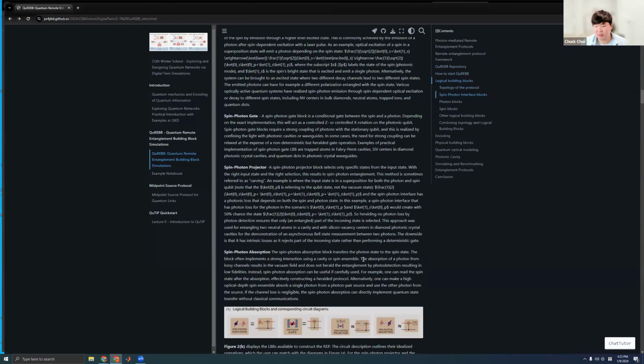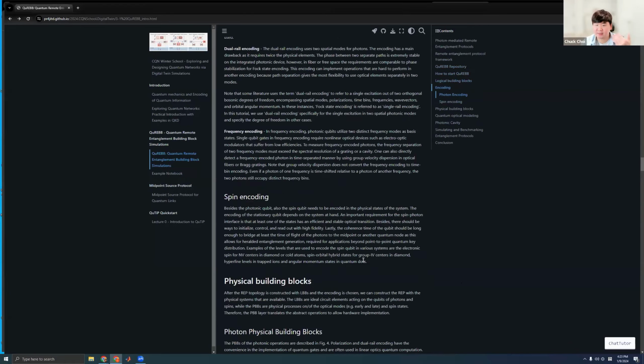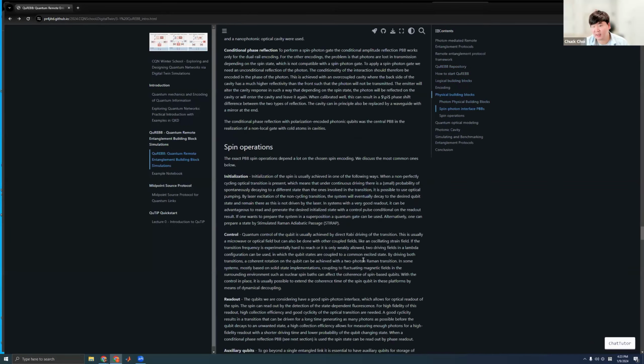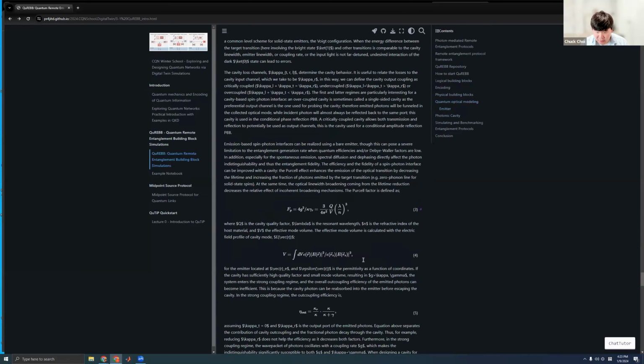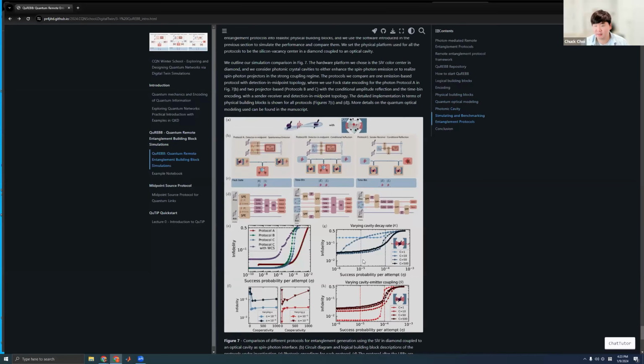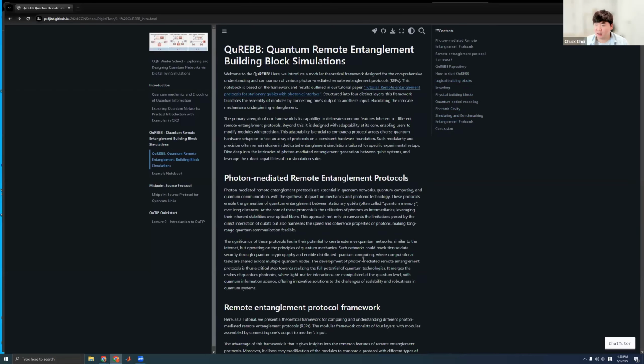Then I'm going to talk about the details of our package from the upper layer to the lower layer. I'll give a full overview of this framework, but if you have your own interest at some point, you can stop and go over the course material in more detail to understand the operation of quantum networks to the degree that you want.